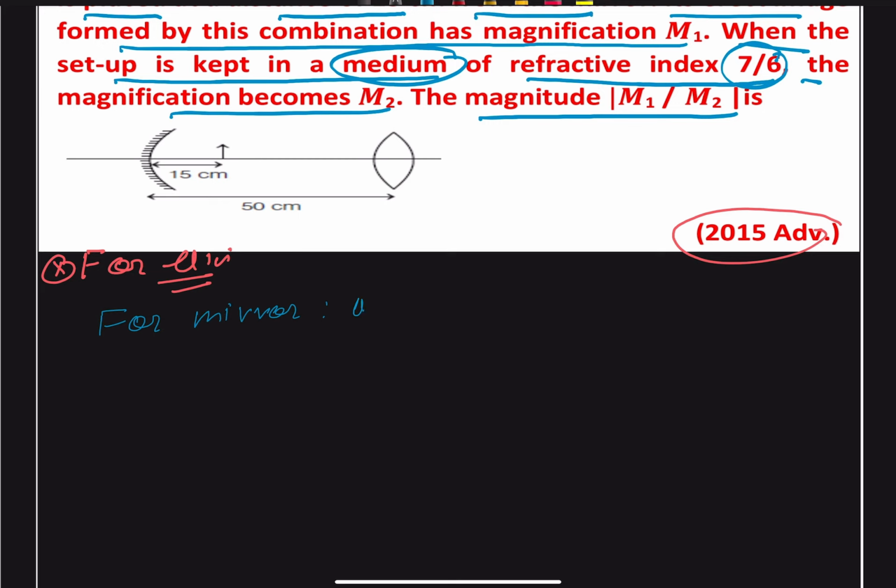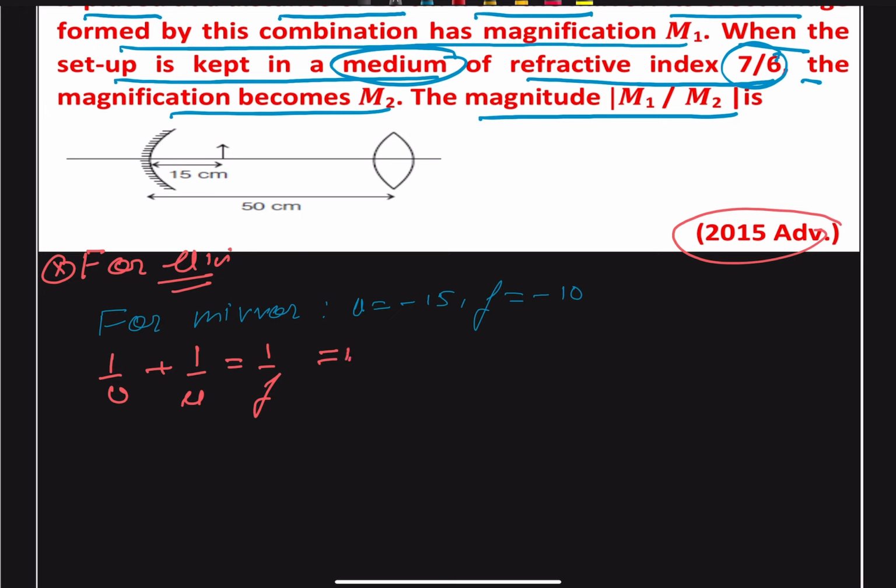So you can say for mirror, we have u is equal to minus of 15, the focal length will be equal to 10. So we can use the formula 1 upon v plus 1 upon u is equal to 1 upon f.